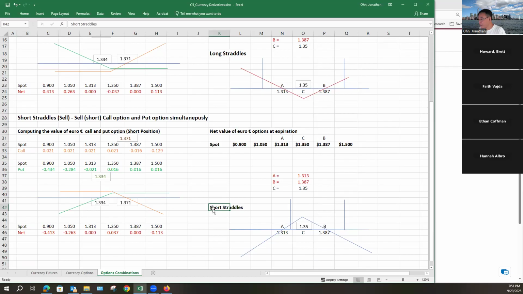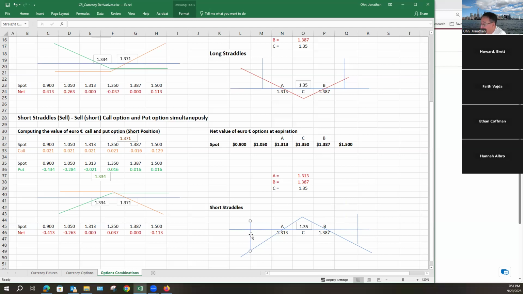Now, again, I think you understand now, right? If your projection is very high volatility there, then this is not the right strategy. Highly volatile, this is not the strategy, because you are losing a lot of money here.